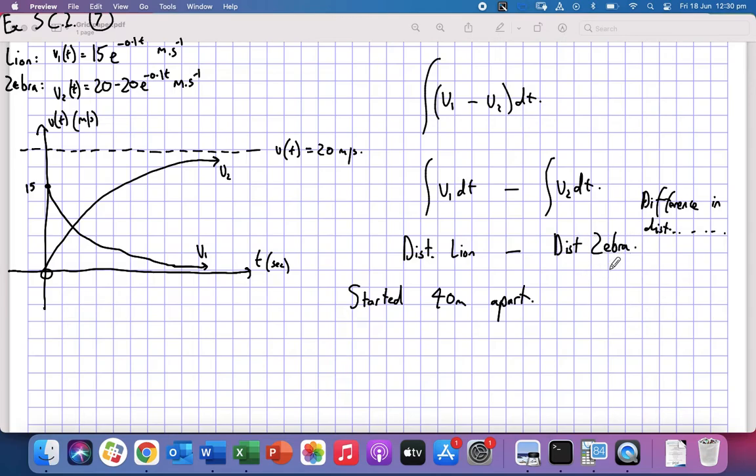Right? Now, if it was a negative answer, it means the zebra is increasing his distance from the lion. If it's positive, it means the lion's getting closer to the zebra. If it's ever greater than 40, it means the lion caught the zebra. So hopefully that's clear.